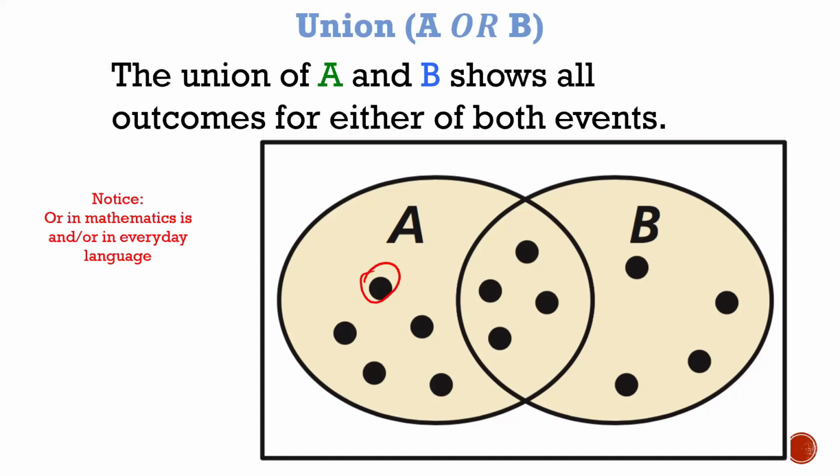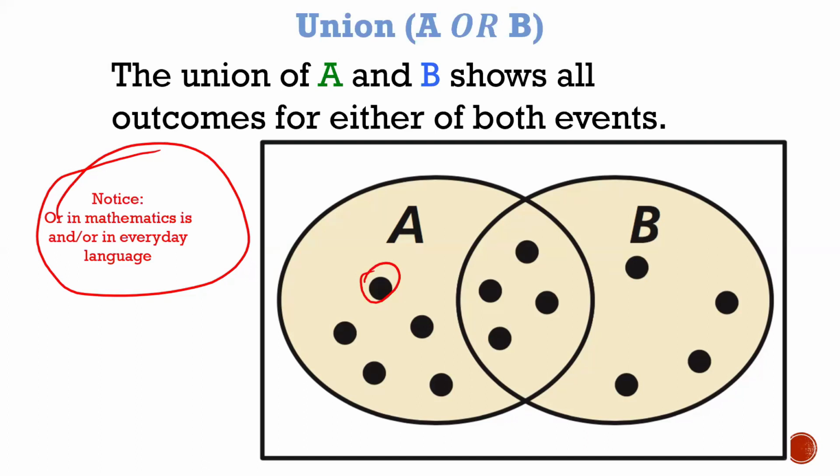If I say, if you were here yesterday or you were here last week or the week before that, stand up, you would stand up if you were here last week, if you were here the week before, or both. Notice the word or in mathematics is more like the phrase and/or in everyday language. If you're at a restaurant and they say, would you like a soup or a salad, that means you have to choose exactly one of them.